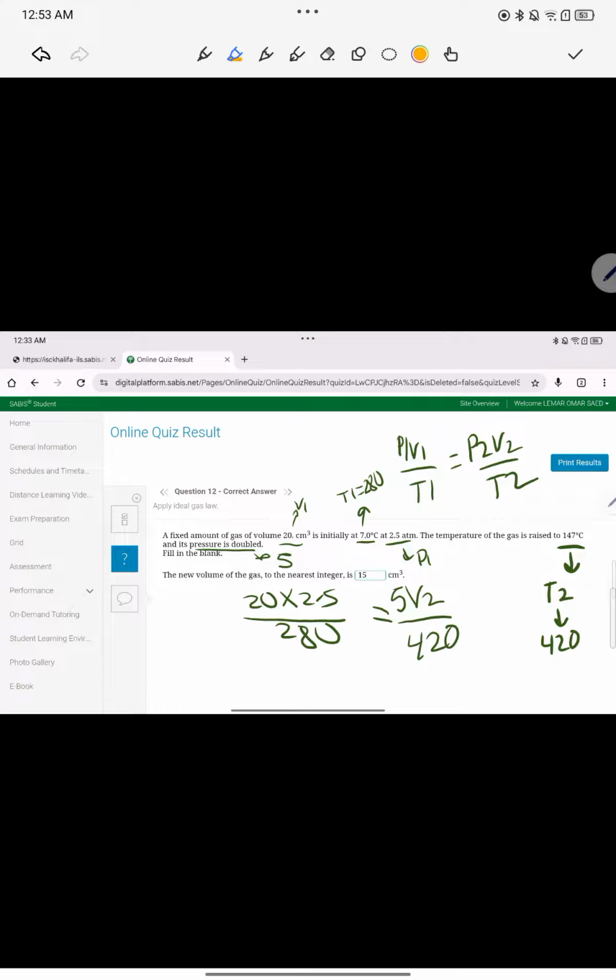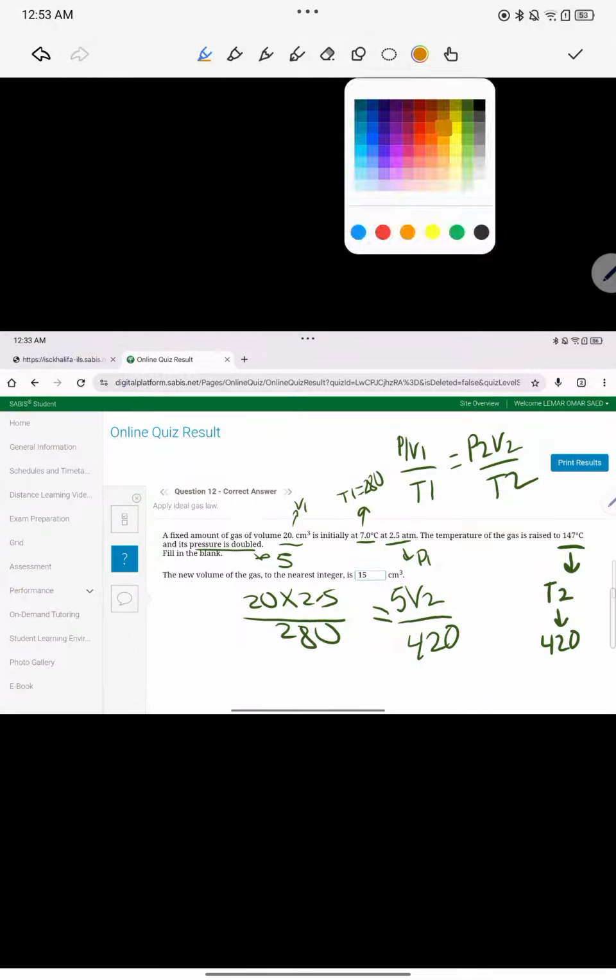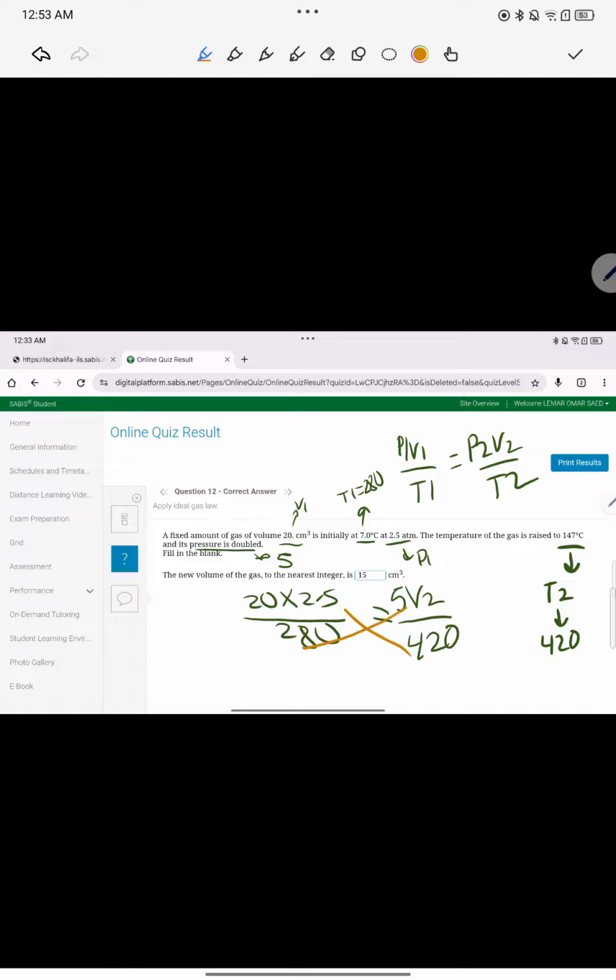Then you cross multiply, you will get 15.